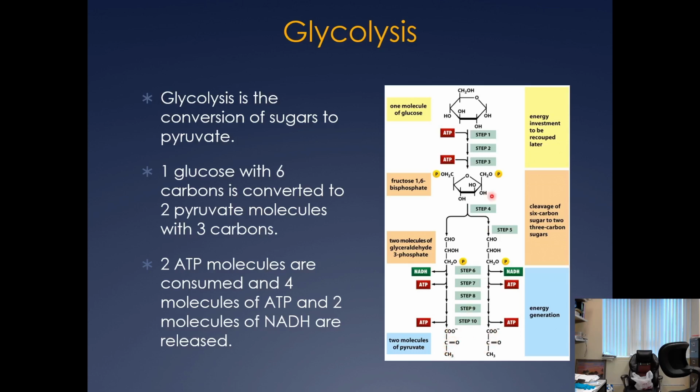In this whole process, 2 molecules of ATP get consumed, and that produces 4 molecules of ATP and 2 molecules of reduced NADH. This is where some of the energy in glycolysis comes from.